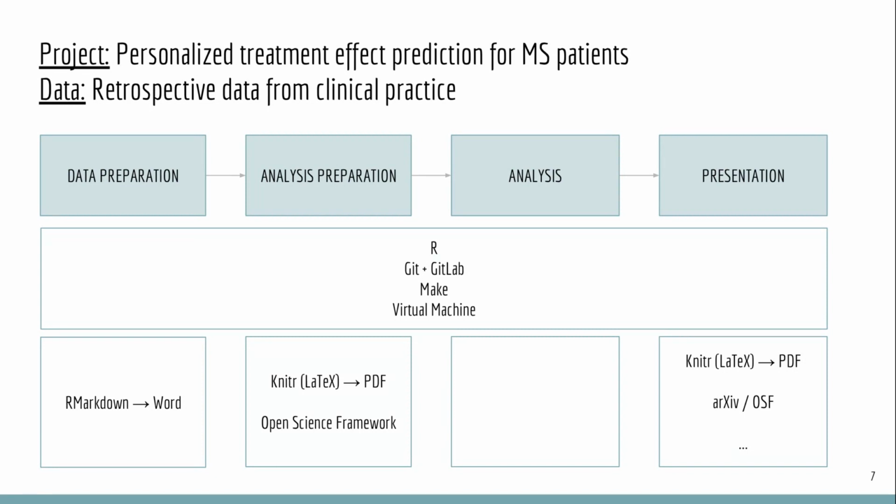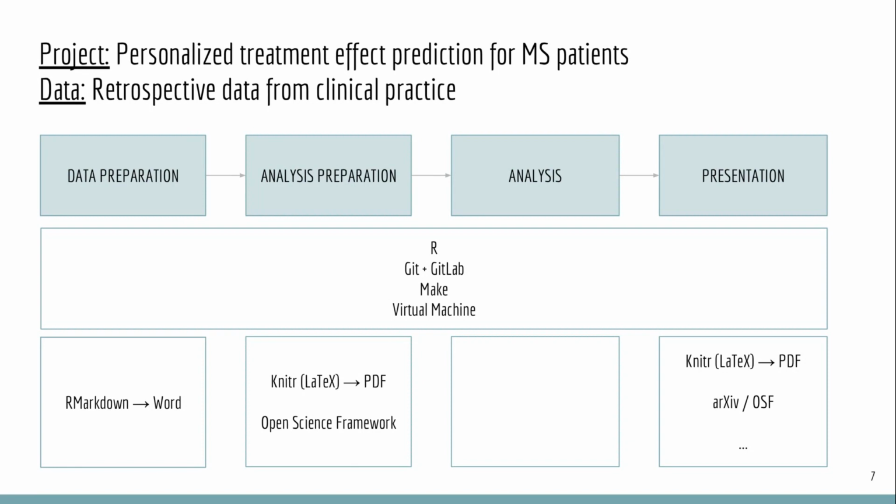So I have this project where we want to figure out for MS patients which is the best treatment for which type of patient. And for this, we use retrospective data from clinical practice.